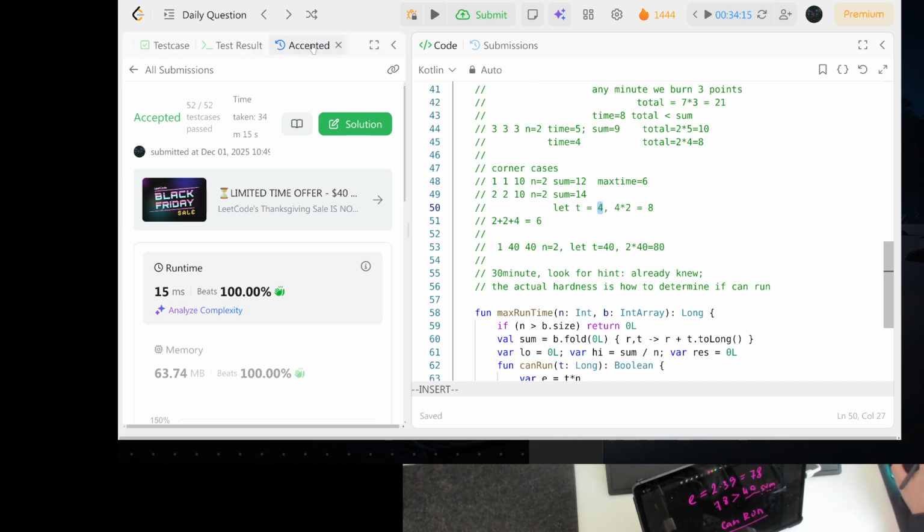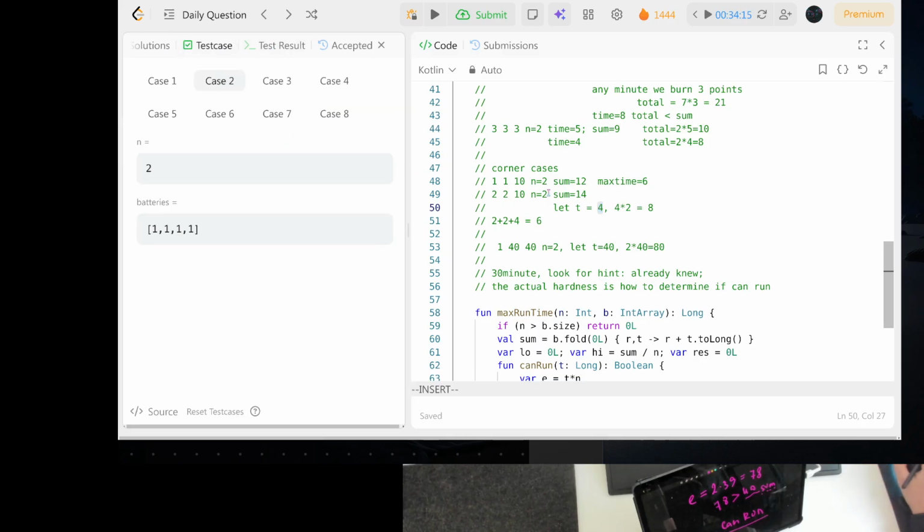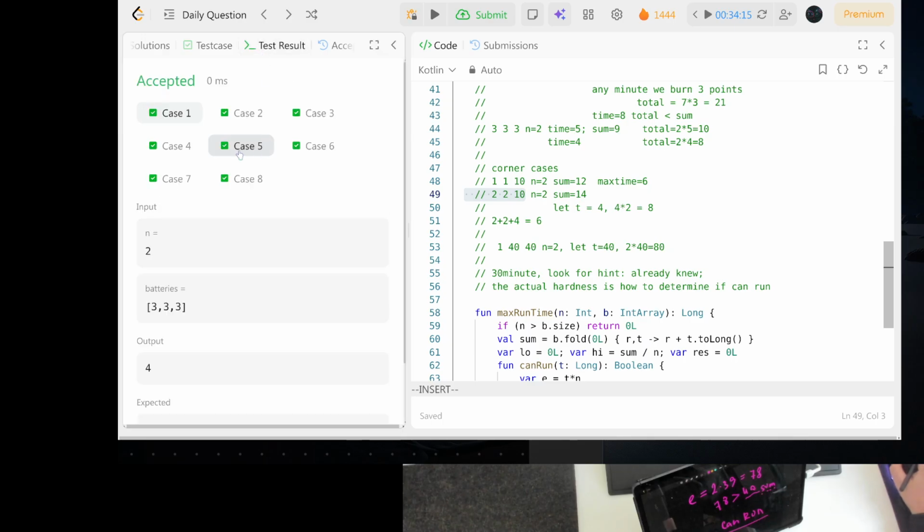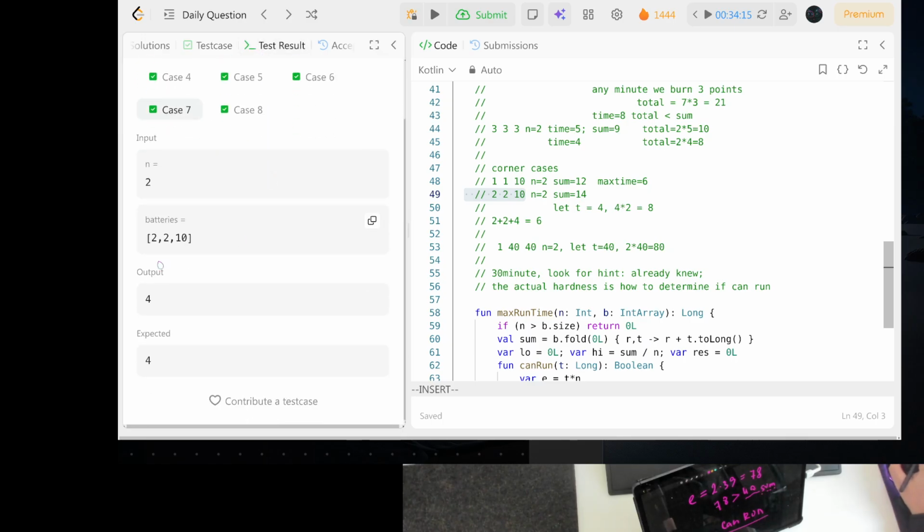And let's look at the test case for this. 2 to 10. Do I have it? Yes. And you have the test result. It is 4. So let's look at it. It's interesting.